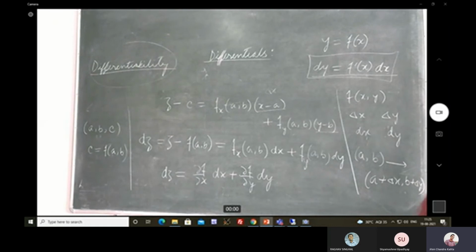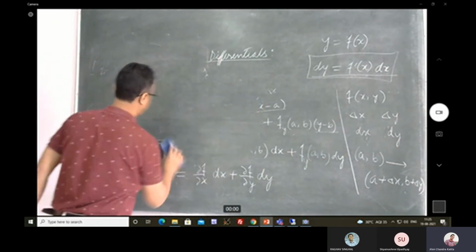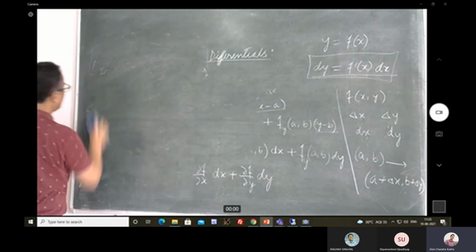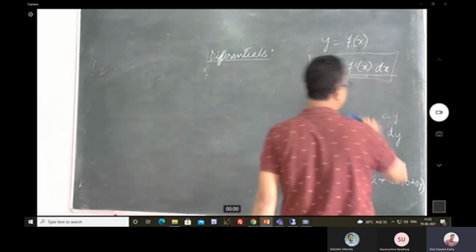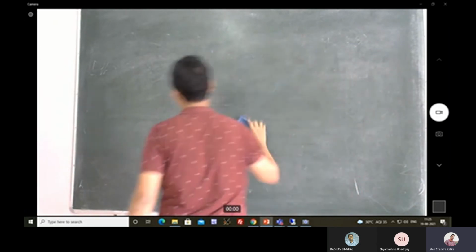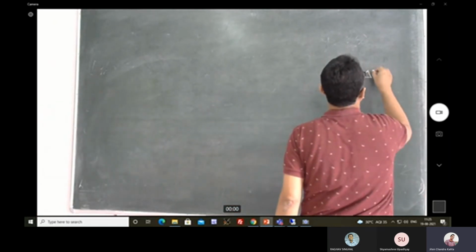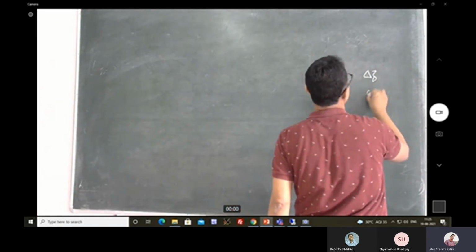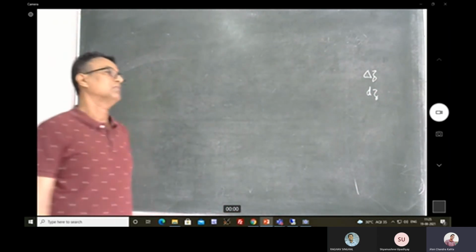Again, in your tutorial sheet, we are going to have a couple of problems where we are going to see what the value of delta z and dz is for a function of two variables at a particular point.